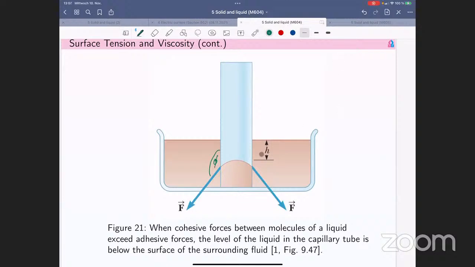And there is the height, when we measure it from the typical level of the mercury to the highest level of the mercury inside the capillary tube. Here, when the cohesive forces between molecules of a liquid exceed the adhesive force, the level of that liquid in the capillary tube is below the surface of the surrounding fluid.